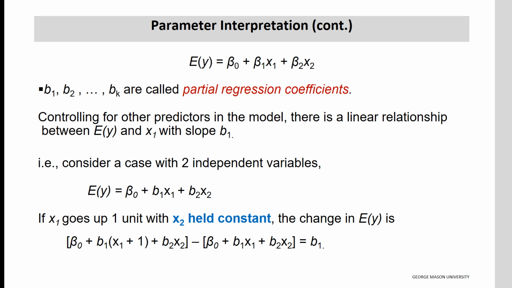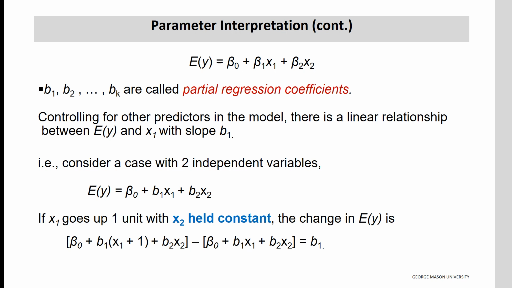If x1 goes up 1 unit with x2 held constant, then the change in the expected value of y is expressed as the difference between the two terms listed here: the intercept plus beta 1 times (x1 plus 1) plus beta 2 x2, minus the expected value of y, which equals the slope of beta 1.